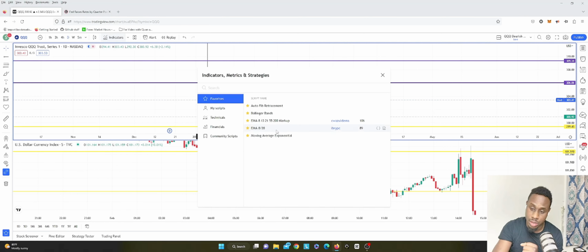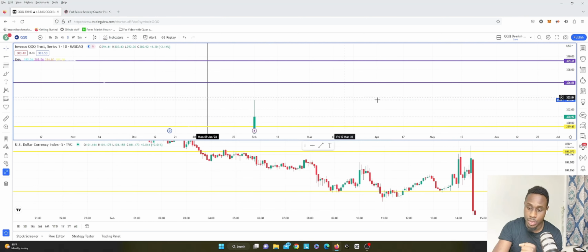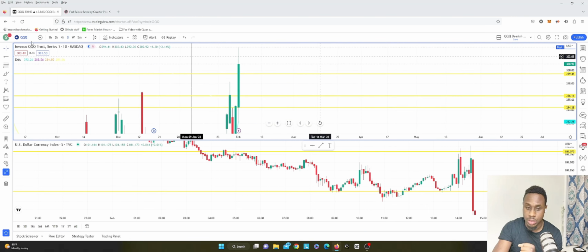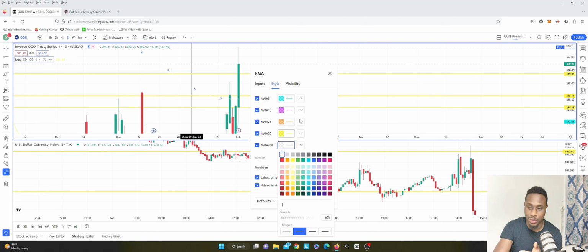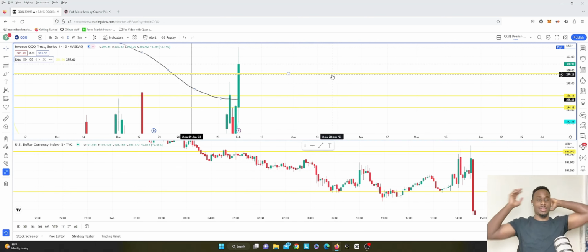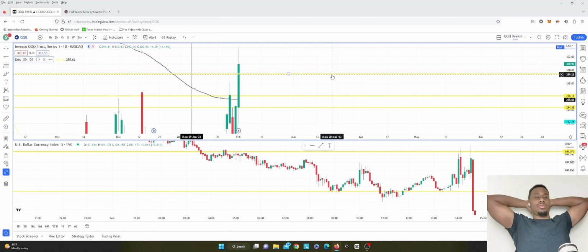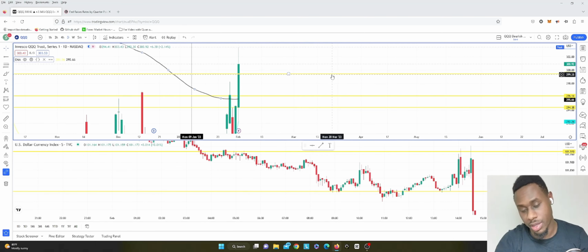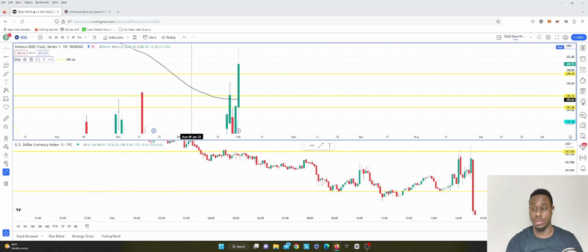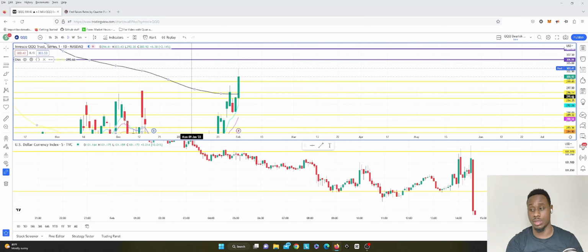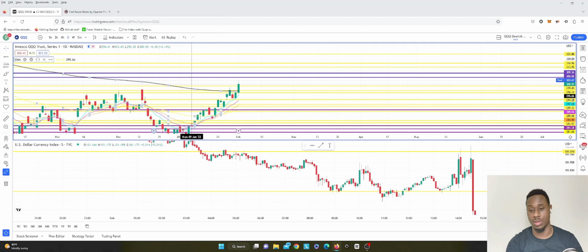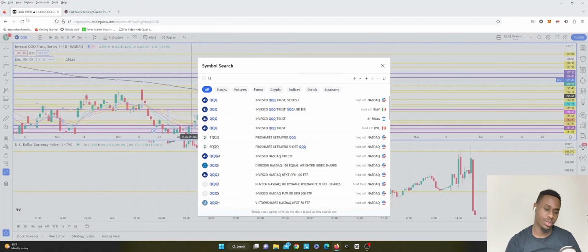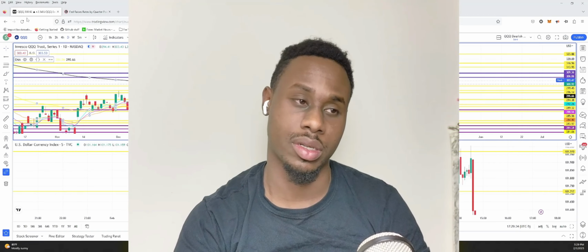Let's see, EMA. With that kind of movement, you're going above your 200 EMA. It's crazy, but that's interesting. So QQQ, US 100.